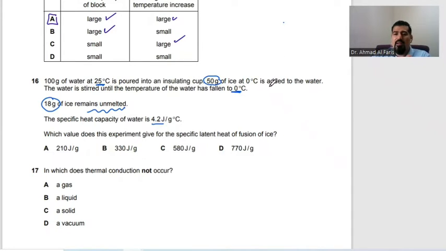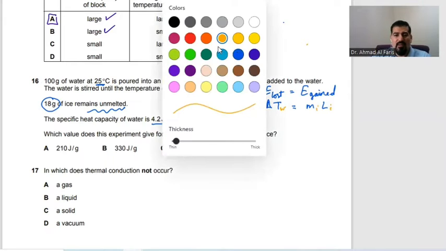Again, the energy lost by the water is equal to the energy gained by the ice. The energy lost has a change in temperature, so m c delta T equals the energy gained by the ice, which is m multiplied by L. Here I'm talking about water, and here I'm talking about ice. So what do I have?